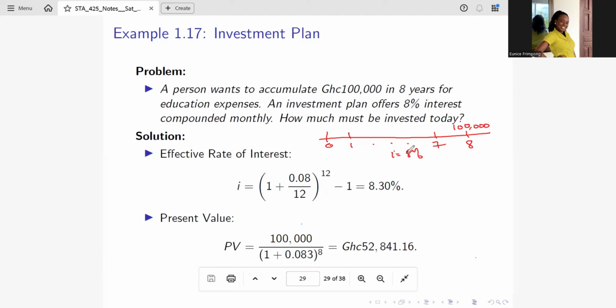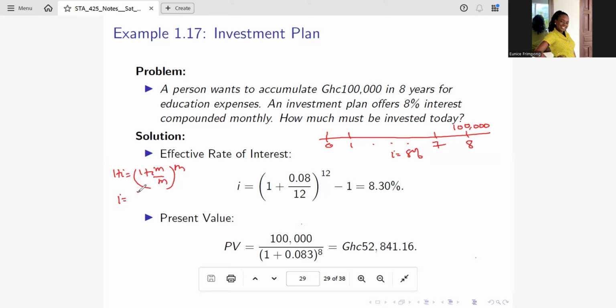Now, remember, the investment is in years, but the interest is being compounded monthly, which means that 8% per year is the nominal rate of interest. We can find the effective yearly rate of interest, and then use it to make our solution quite simple. So we take a cue from what we learned last week, where 1 plus i equals 1 plus i upper m over m, all to the power m.